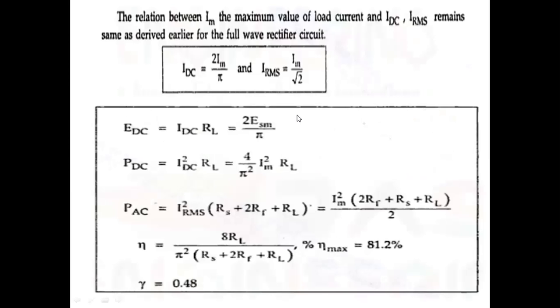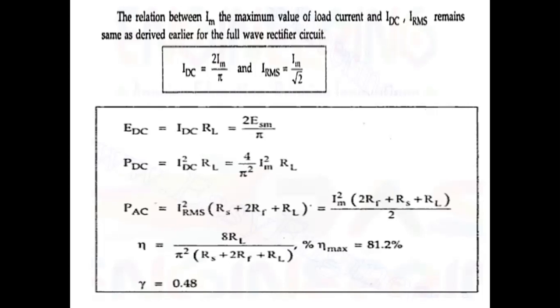For this bridge rectifier, the equations that we derived for the center tap full wave rectifier are the same. The maximum value of the load current Im, IDC, and IRMS remain the same as derived earlier for the center tap full wave rectifier. So you can use these formulas.